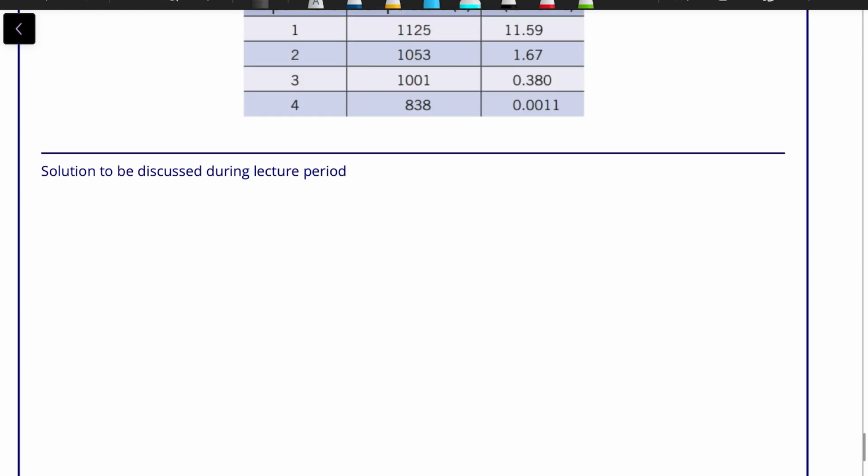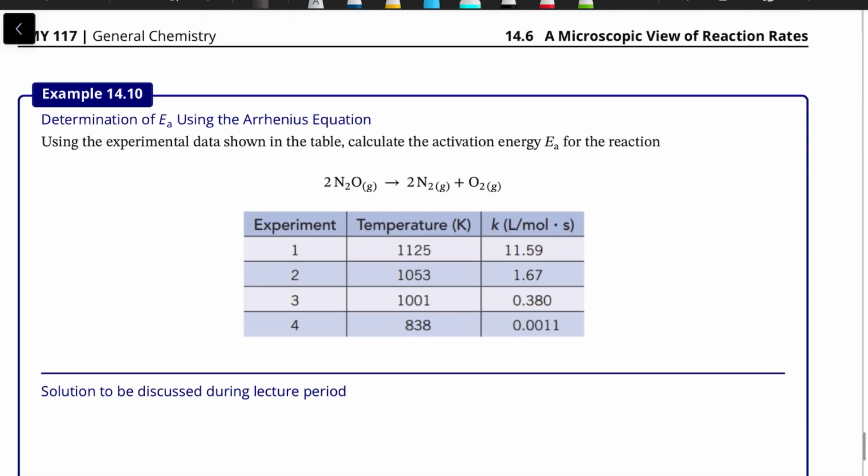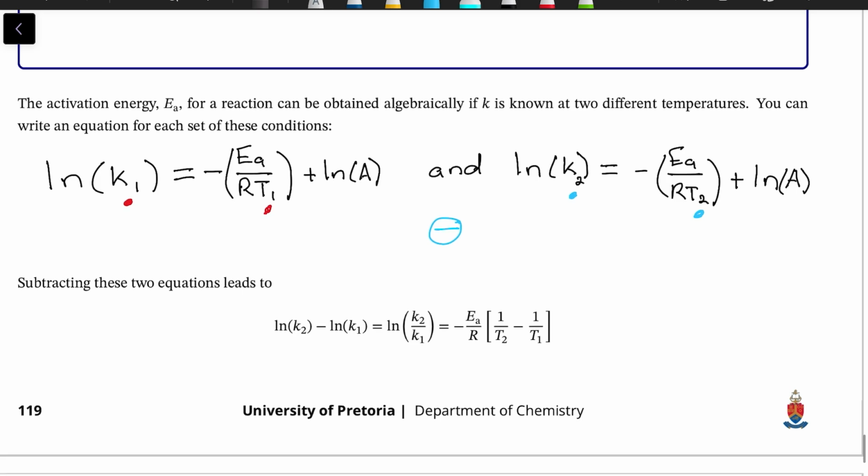So just notice that I took this formula, ln k equals minus Ea over RT plus ln A, and I substituted in two sets, so k1 and T1 versus k2 and T2.